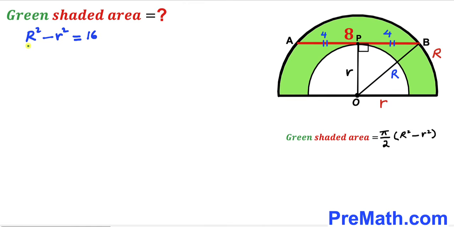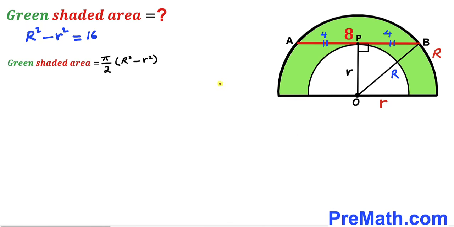Thus we see our uppercase R square minus lowercase r square value is 16. Now once again, let's focus on the green shaded region area, which equals pi divided by 2 times uppercase R square minus lowercase r square. We already figured out this value as 16, so I'm going to substitute that value 16 over here.